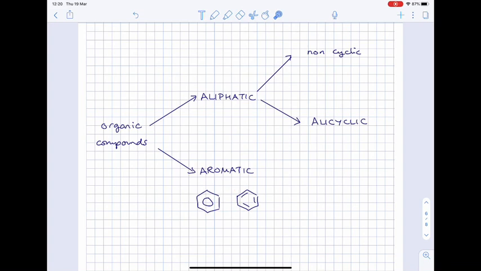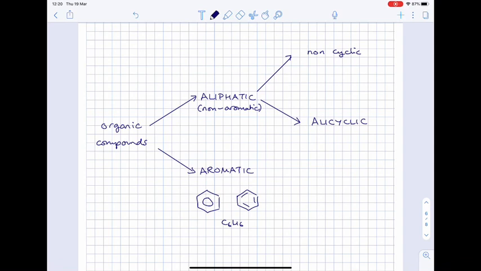If you see either of these, that's a benzene ring for now. We'll cover that in the second year topic later. So this is C6H6, which is not the same as an alkene, although it looks like an alkene. And aliphatic compounds are basically non-aromatic compounds, all the compounds which don't contain benzene rings.